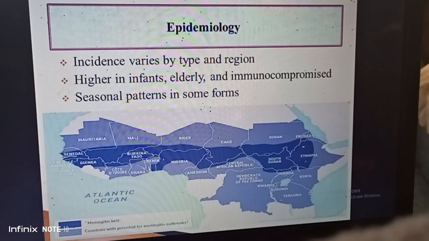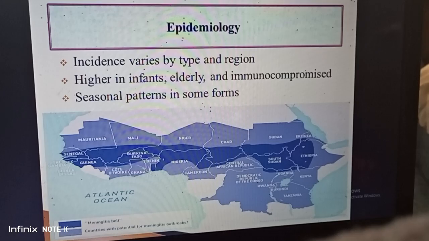The commonest type of meningitis is the hematogenous form, where infection from certain parts of the body disseminates to the CNS by blood. This group of individuals are not able to control the infection within a specific area due to their weakened immune system, so they are at risk of having meningitis. The epidemiology in this group is very common.